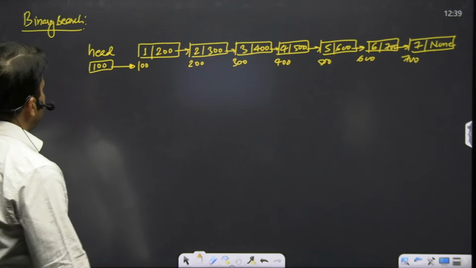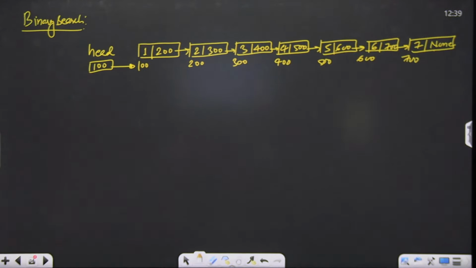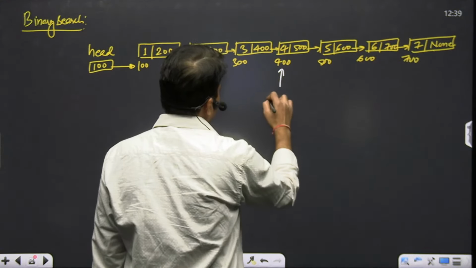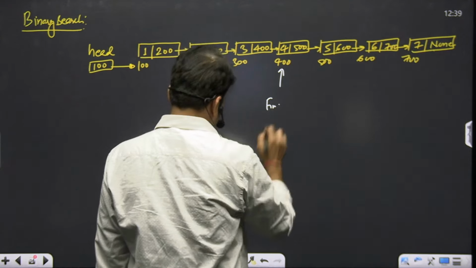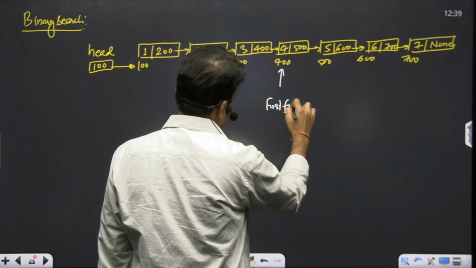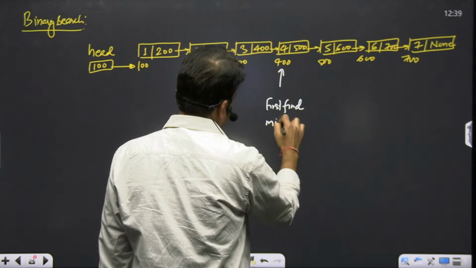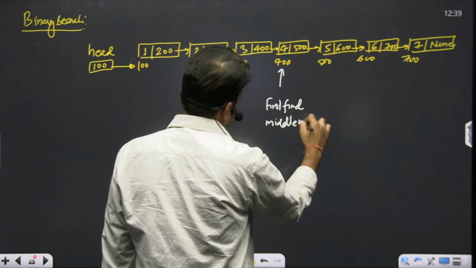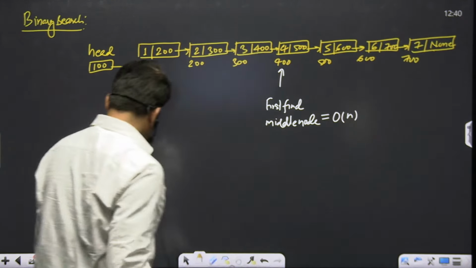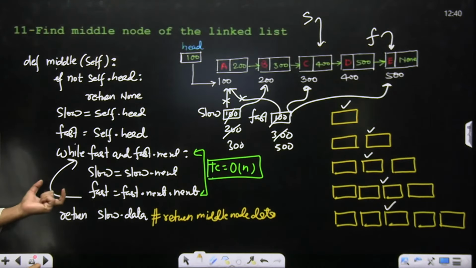Okay. So in binary search, first find the middle node. What is the time complexity for finding the middle node? We have just seen this is the time complexity for finding the middle node.